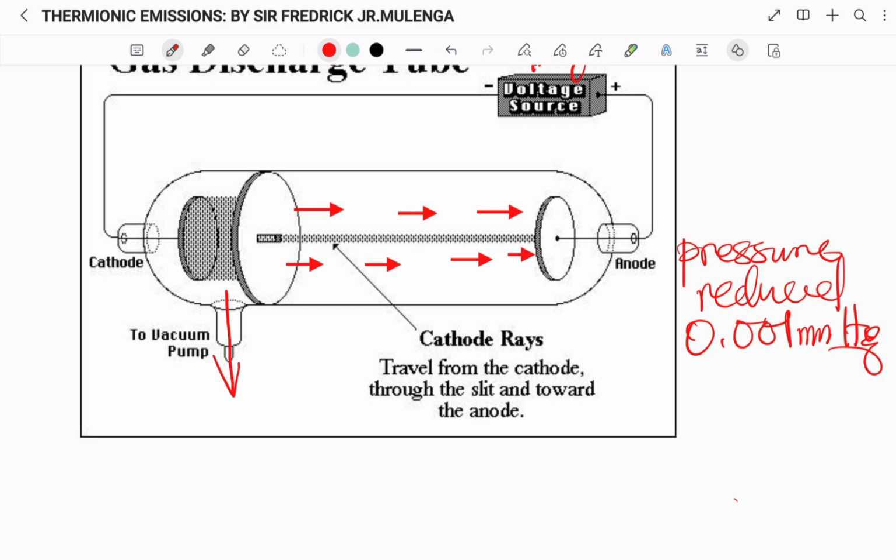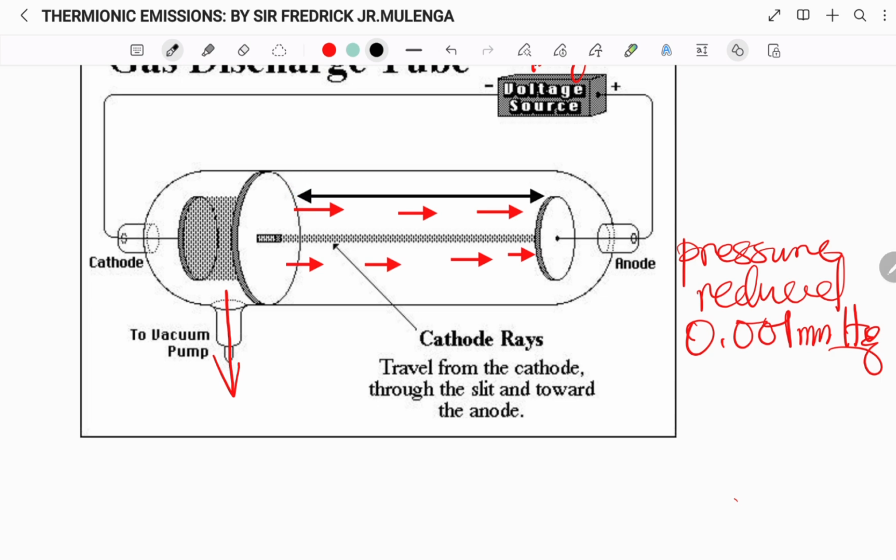As they continued pumping out the air, reducing the pressure, they noticed that the space between the cathode and anode electrodes was becoming darker.